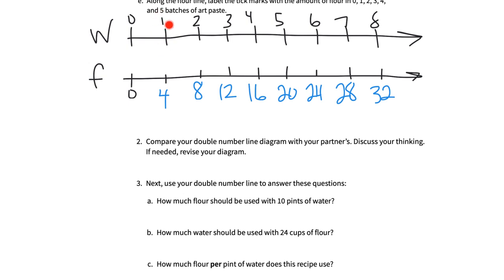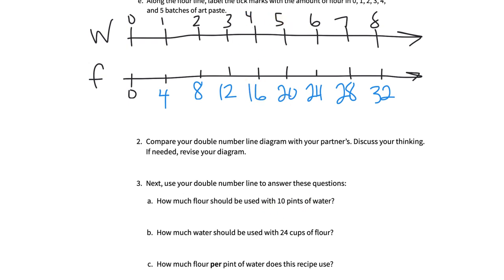One, I can see that the relationship between the water and the flour is that whatever the water is, the flour is always 4 times as large. So we got 4 times 4 is 16, 5 times 4 is 20.